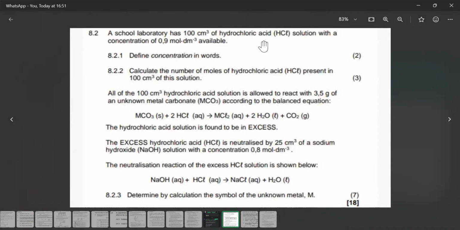Now that we know the moles that are available at the start and those that are in excess, we can find those that reacted with this metal carbonate. Then we know the moles for the metal carbonate, and it's very easy to find the molar mass of this metal carbonate.